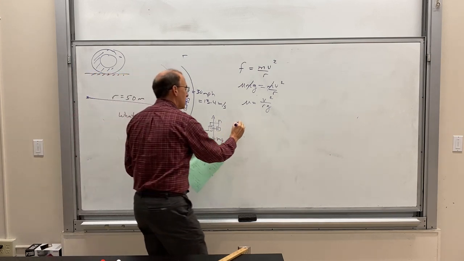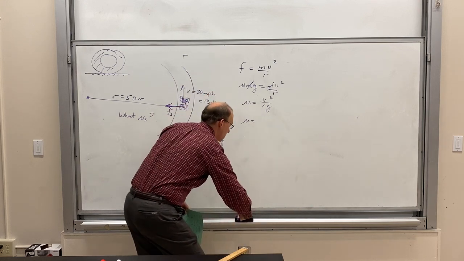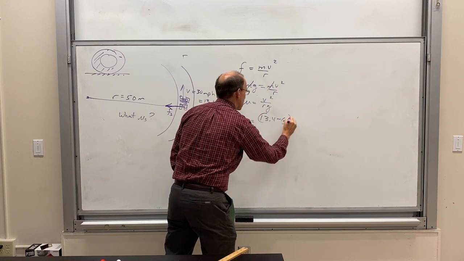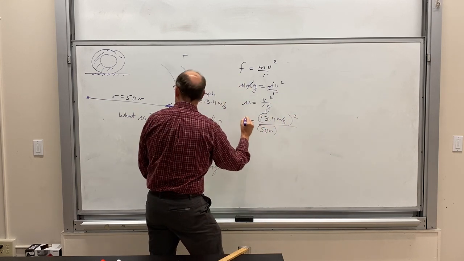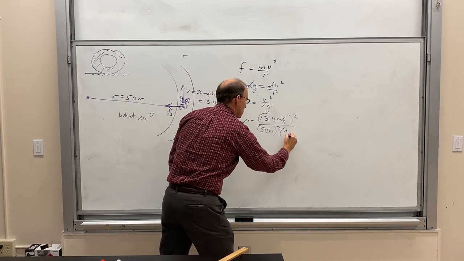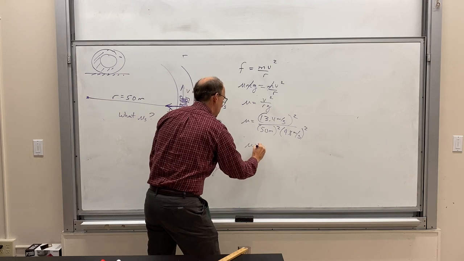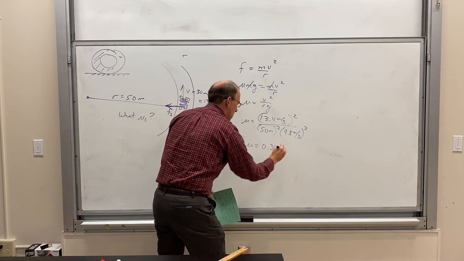That's our 13.4 meters per second squared over the radius of the road, 50 meters, and g is our 9.8 meters per second squared. That turns out to be a very reasonable 0.366.